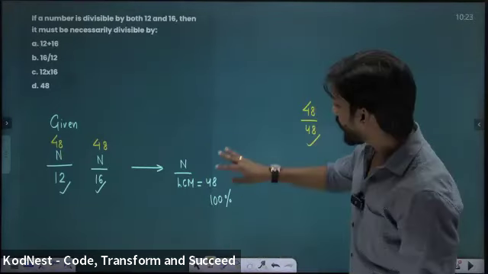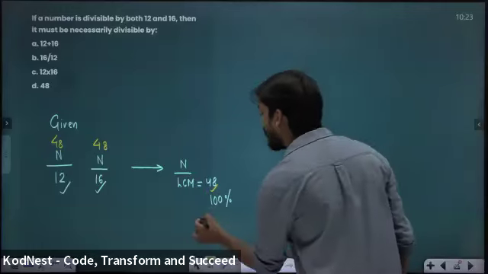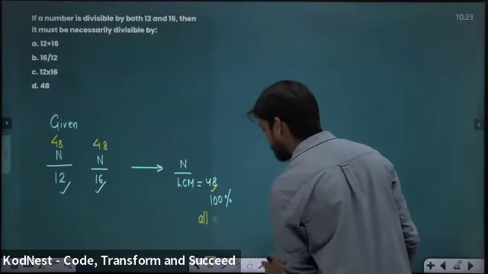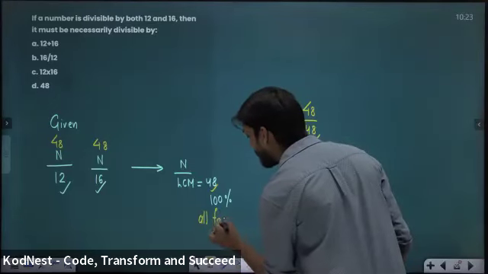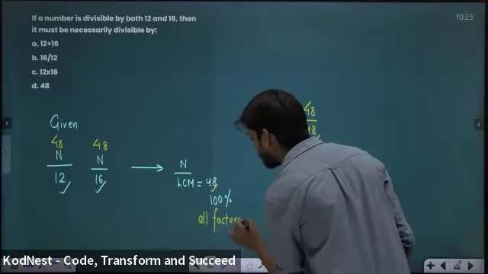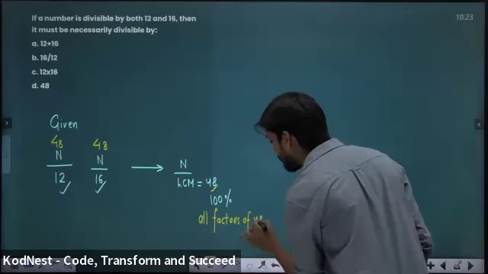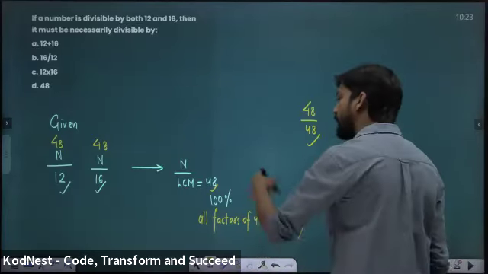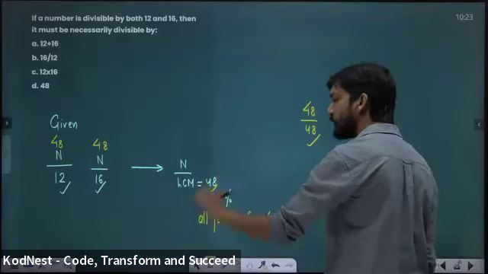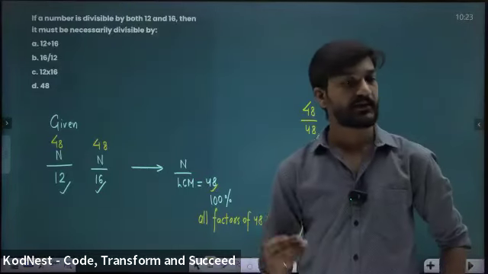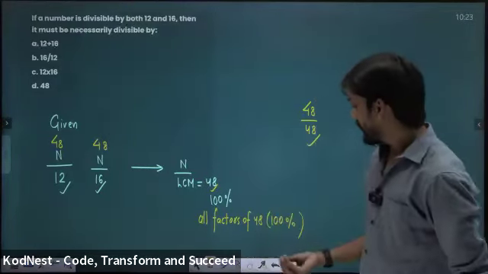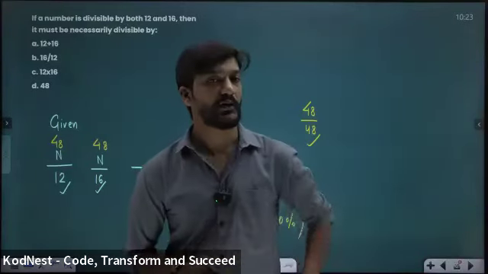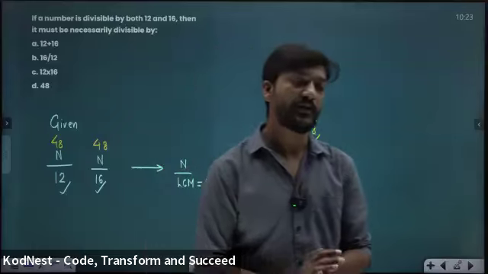If 48 is guaranteed, all the factors of 48 also are guaranteed, 100% guarantee. Like 2, 6, 4, 3, 12, all these are also guaranteed. Okay. Is this point clear? Please confirm this.